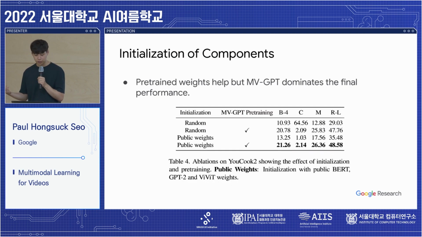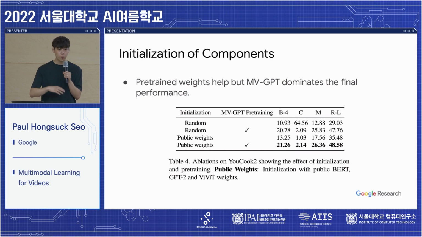What we also found is that for our full model, we actually use the publicly available weights like BERT and GPT and ViViT weights. But we also tested training from scratch using only our pre-training method.